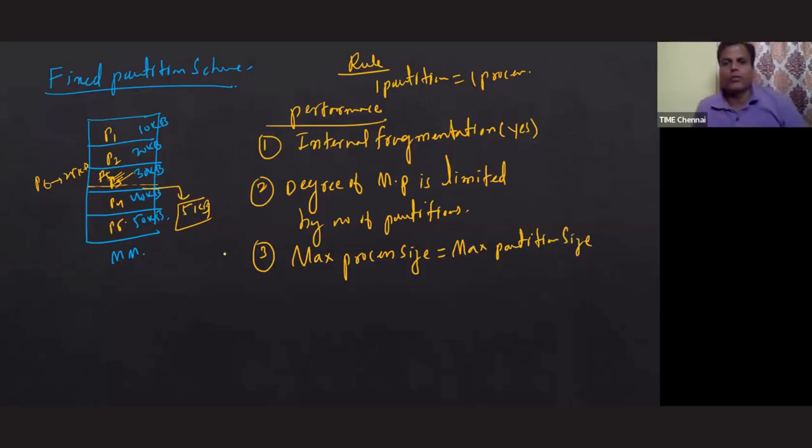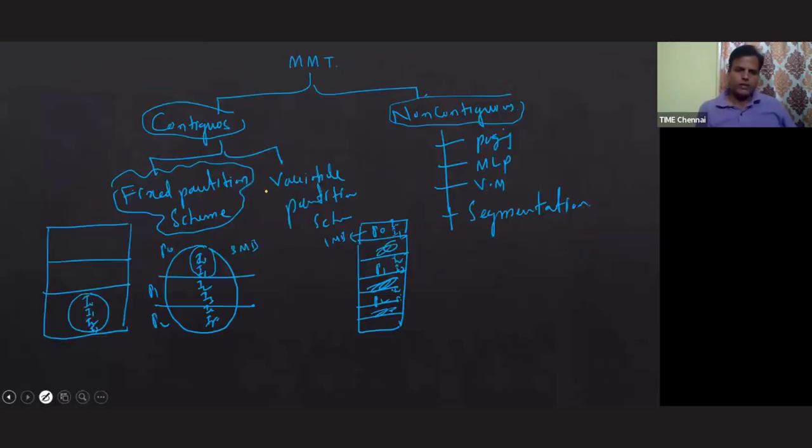So these are the issues we found in the fixed partition scheme. Let's see, sir, how to solve this. To solve this, we are moving towards a variable partition scheme.